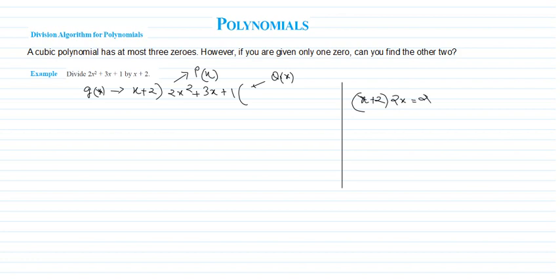We will keep on solving till the power of the divisor and the power of the dividend are the same. In the divisor x plus 2, the power of x is 1, and in the dividend minus x plus 1, the highest power of x is 1 here as well.